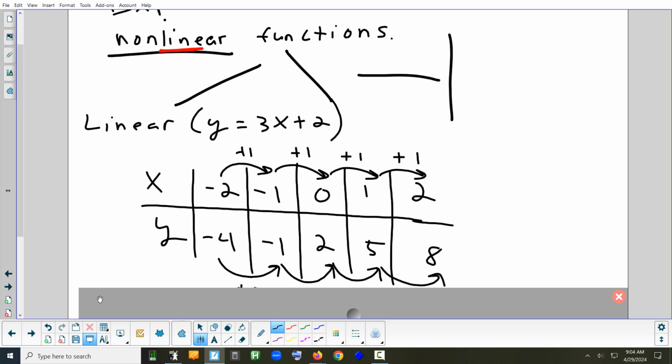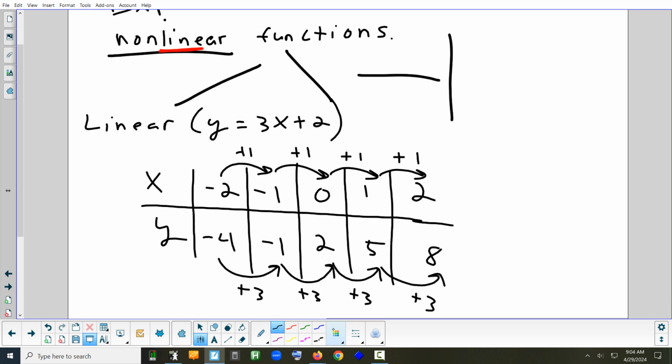The way that you figure out if something is linear or nonlinear, look at the pattern in the y's. What do you do to get from -4 to -1? Plus 3. And then from -1 to 2? Plus 3. How do you get from 2 to 5?